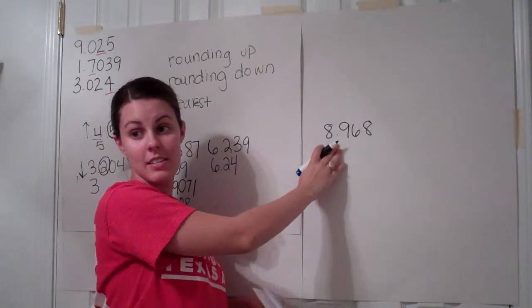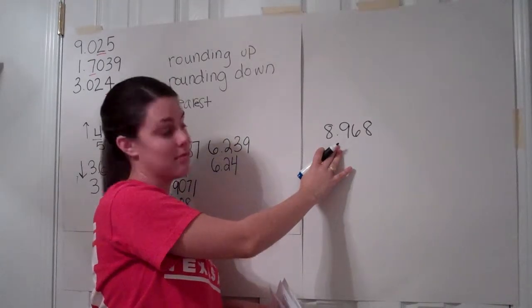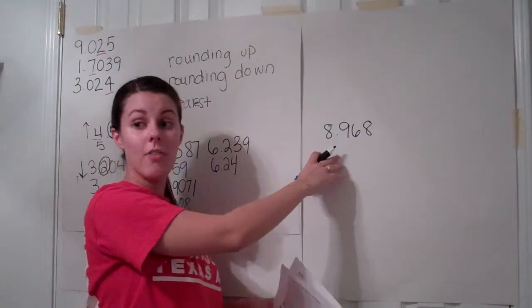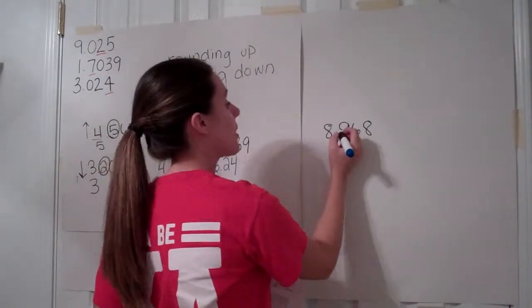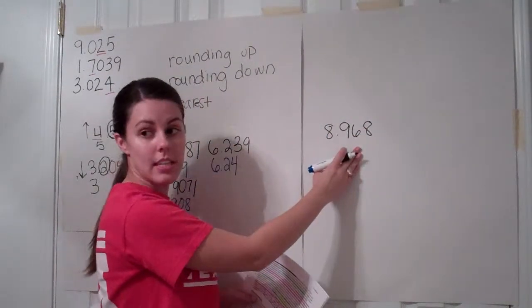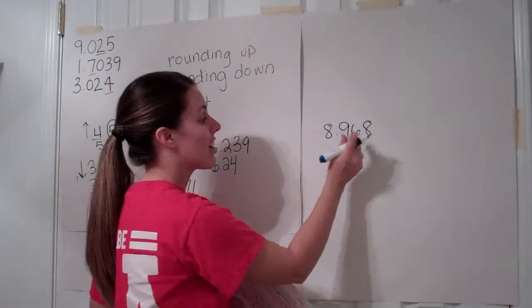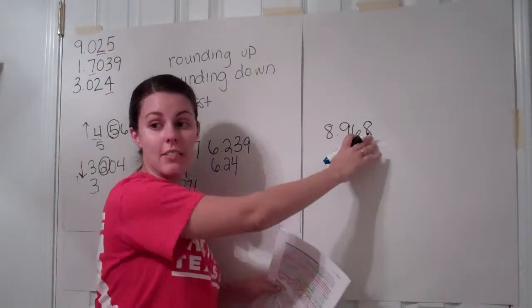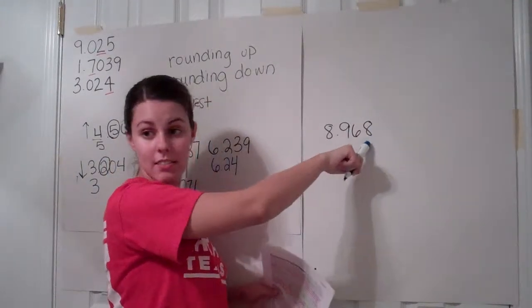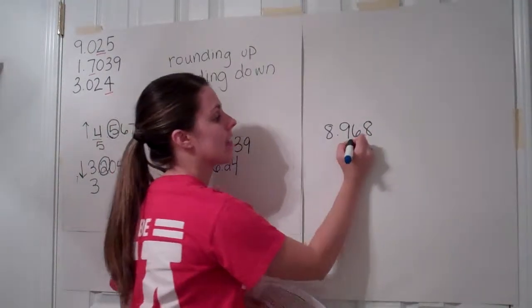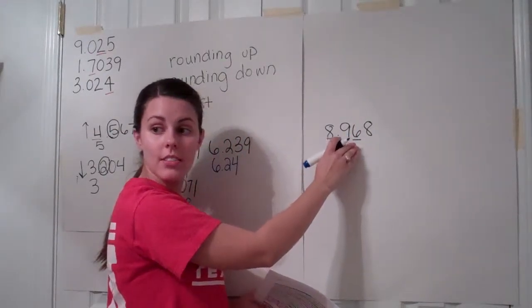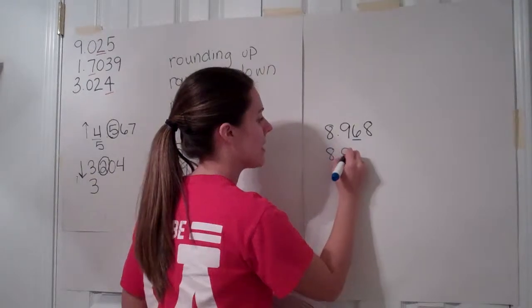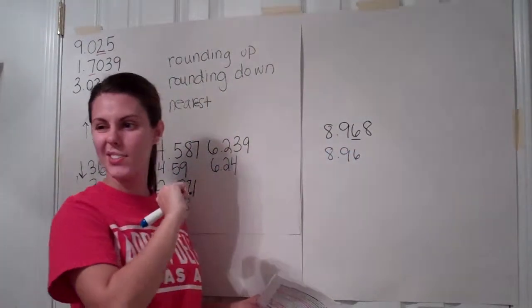Do you want to guess? 6. Good. Okay, 6. What we're going to do is, since we're rounding down to the preceding, we're going to look at our hundredth place, which has a 6 in it. And since we have a number in our thousandth place, which is 8, we know that we've exceeded our 6 hundredths. So our preceding number is going to be 6. So 8.96.